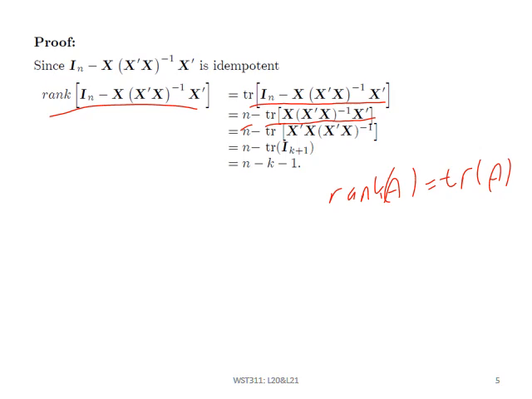From the properties of the trace, we know that we can swap the matrices around, which leaves us with x transpose x, x transpose x inverse, which gives us the identity matrix of order k plus 1. Why k plus 1? Because x is of rank k plus 1. Therefore, we can conclude that the rank of the idempotent matrix is equal to n minus k minus 1.